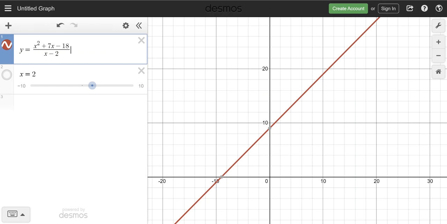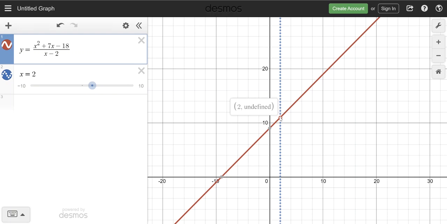Let's turn on x equal to 2. Here's x equal to 2. And take a look right here at the intersection point. I better use my mouse. I'm having a hard time here. Let's put in x equal to 2 right here.